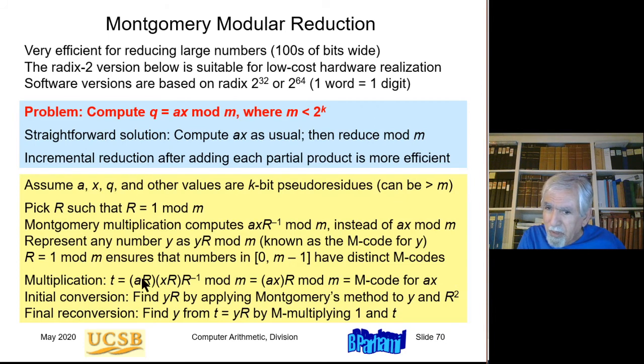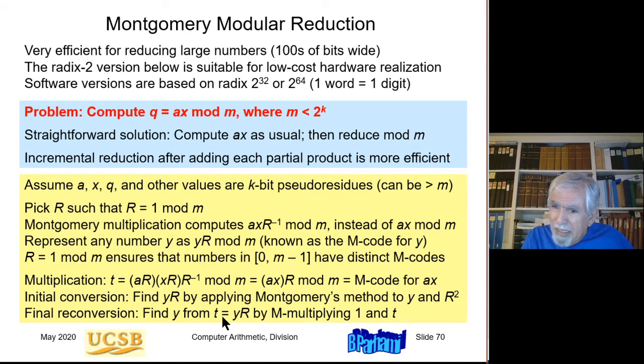Okay, so I start with the Montgomery code for a, the Montgomery code for x, and then do Montgomery multiplication, and that gives me directly the Montgomery code for the product ax. So I can continue doing other computations with these Montgomery codes. So this is sort of an internal representation of values.